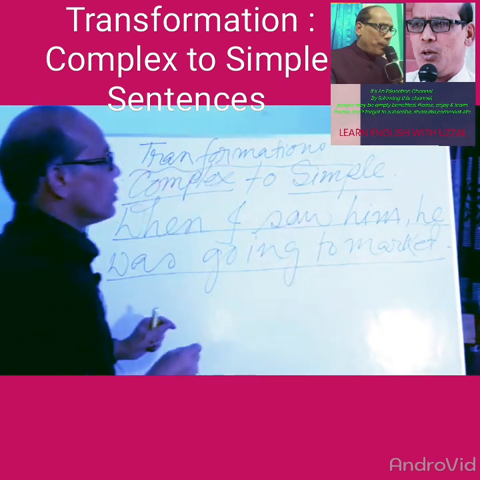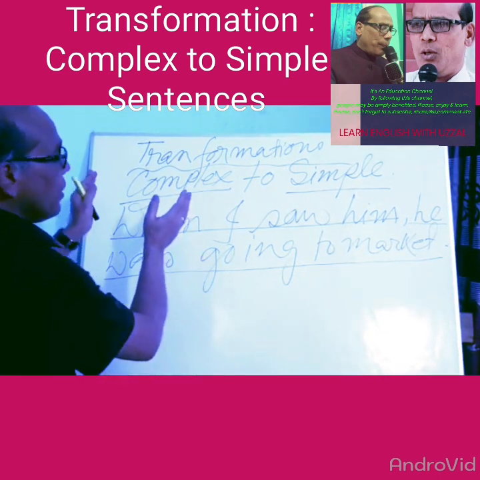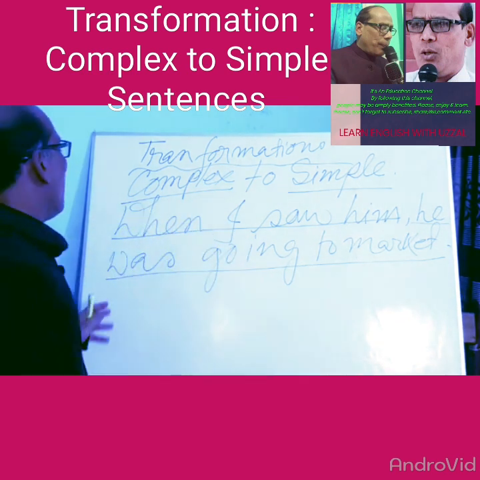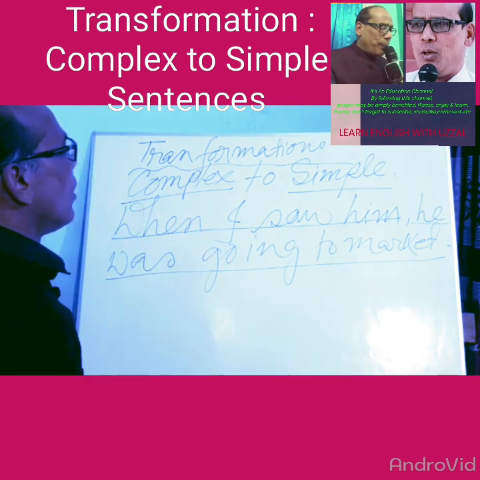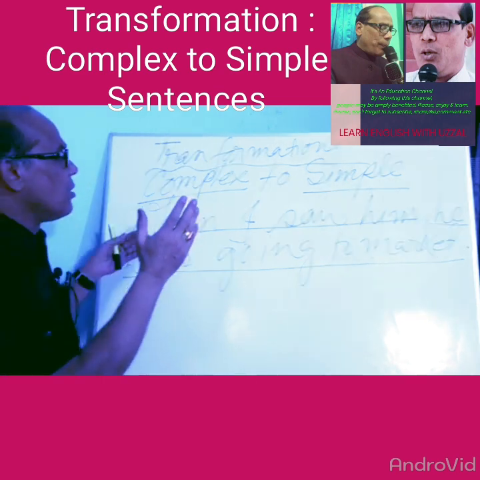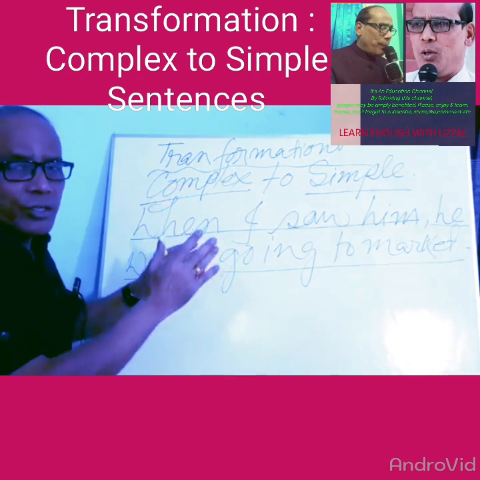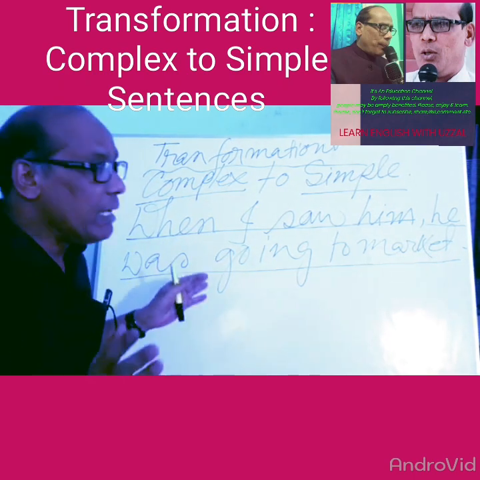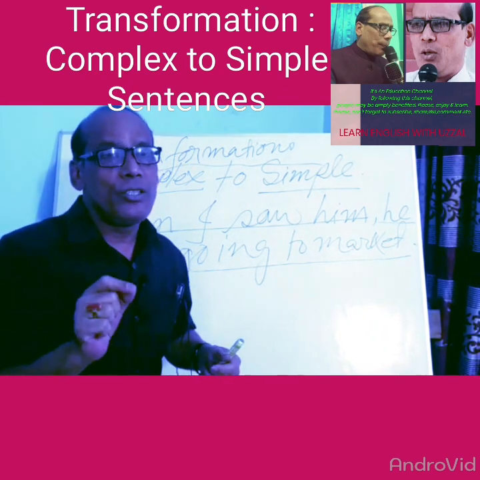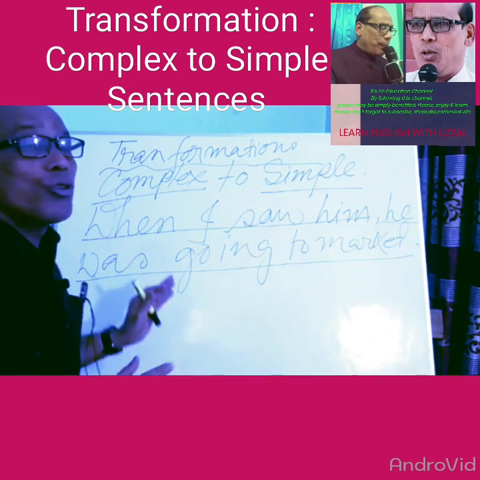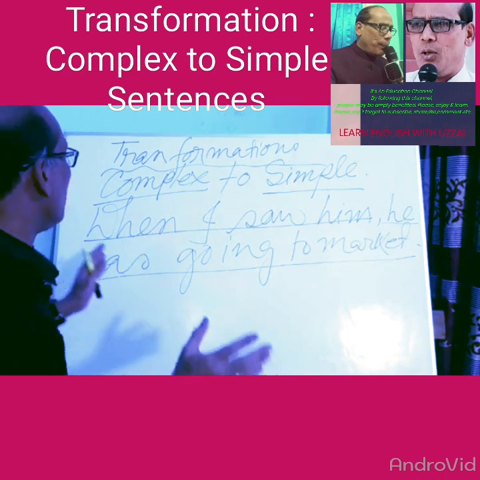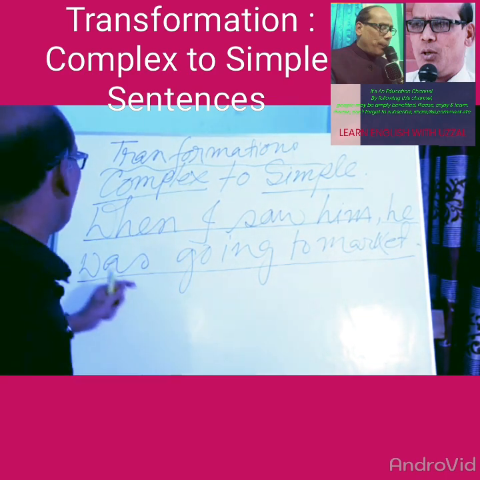Here we see two clauses. One is the main clause, another is the subordinate clause. But which one should I change, the main clause or the subordinate clause? In that case, you will have to remember one thing: you will have to change the subordinate clause. But how should I tell the difference between the subordinate clause and the main clause?